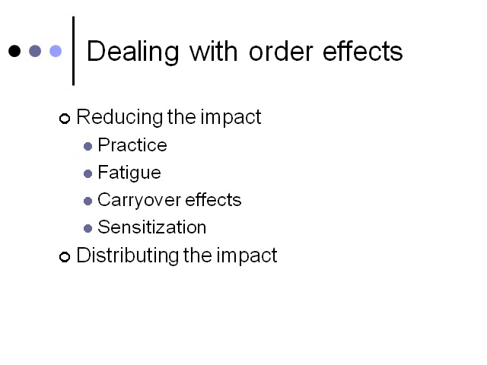Or another approach, kind of general approach, is to look to distribute the impact. So, and you might do these other things too, I'm going to reduce the impact as much as possible, but if I say, well, I know there may still be some order effects, and I'm worried about the order effects being confounded with the independent variable, right?